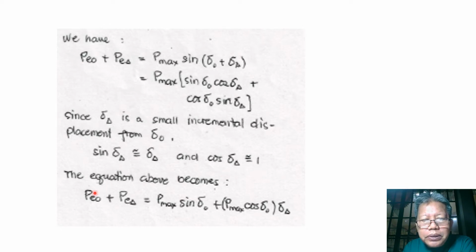So the equation above becomes, at the left side, we still have the same PEO plus PE delta, and at the right side we have P max, then since cosine delta delta is equal to 1, we have only sine delta O. And then distributing P max to this term, we have P max cosine delta O, and this sine delta delta is just our delta delta.